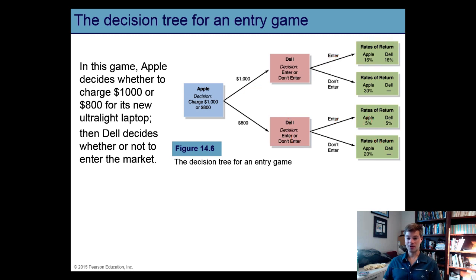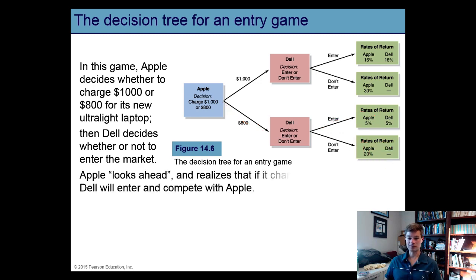In this example, you may wonder why Apple isn't able to achieve a rate of return of 20%. This is because if it charges a price of $800, Dell will enter, and this means that Apple's rate of return will be 5%. Apple won't get to this lower box. So here we see the outcome if Apple picks $1,000.